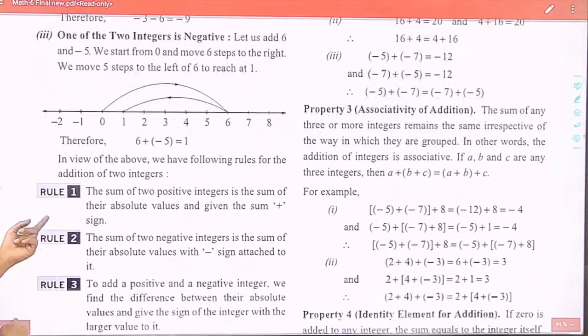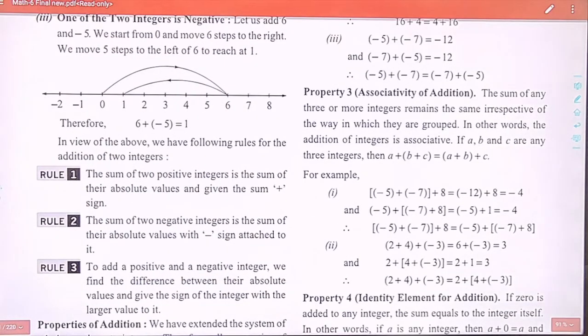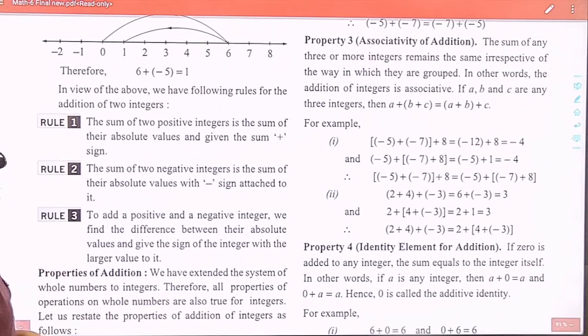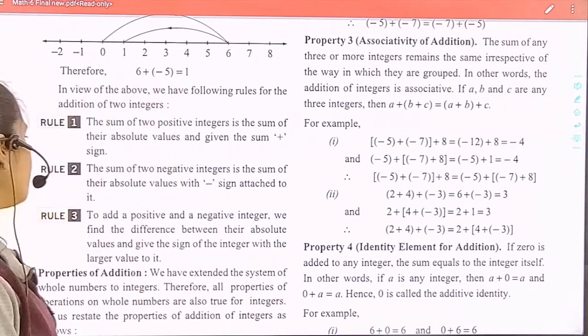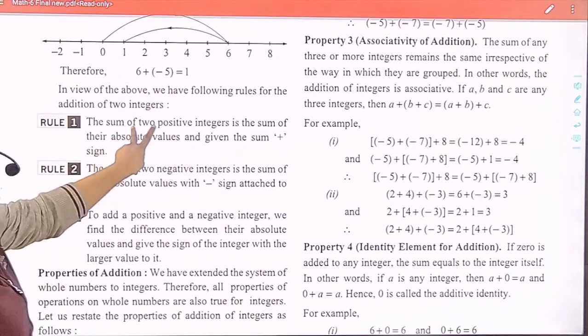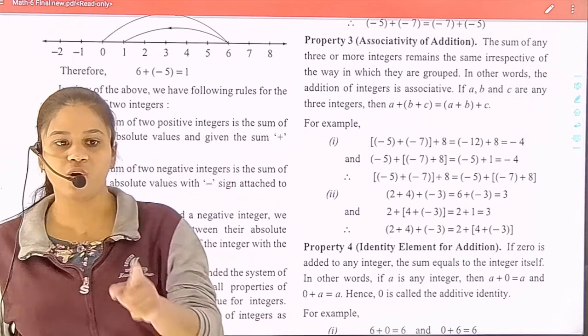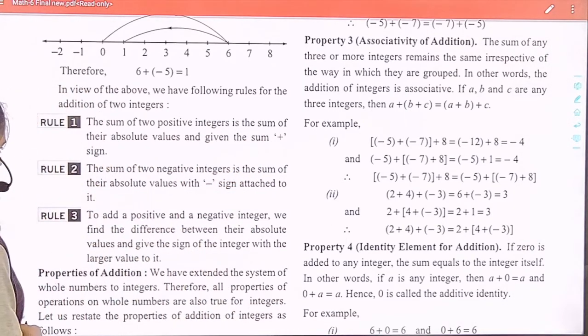Now, in view of the above, we have the following rules for the addition of two integers. Now there are some rules for adding integers. Rule number 1: the sum of two positive integers is the sum of their absolute values and gives the sum a positive sign. If we add two positive integers, then our sum will also be positive. Right.